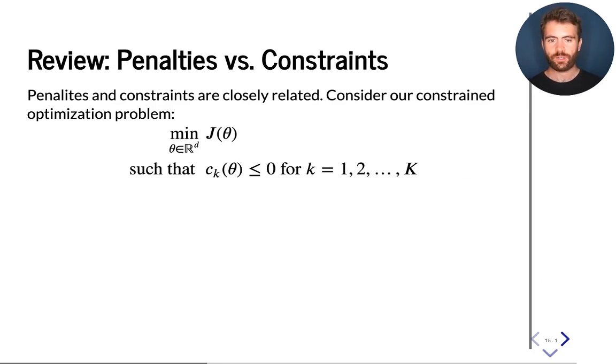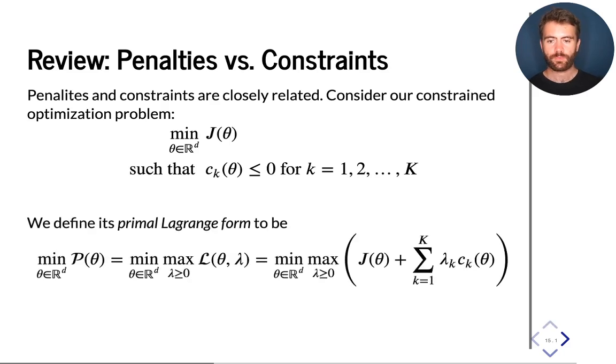In the previous video, we saw that whenever we have a constrained optimization problem, we can also formulate it as an unconstrained version with penalties. Then we can define the following primal Lagrange form, in which we have added constraints as penalties.